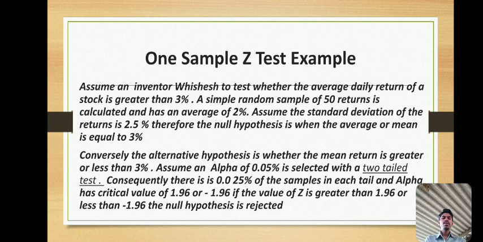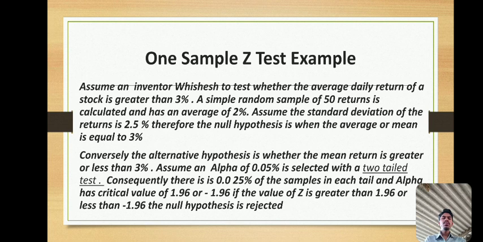Assume an alpha of 0.05 is selected with a two-tailed test. Consequently, there is 0.025 of the sample in each tail, and alpha has a critical value of 1.96 or minus 1.96.